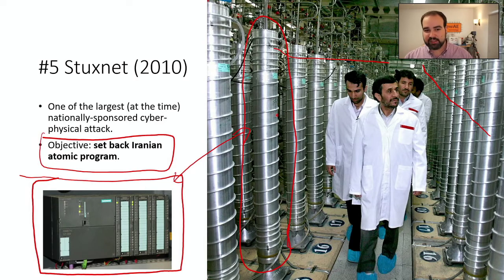It was sponsored by other nations with the objective of harming the national Iranian atomic program. This is a little different than what we talked about in other examples where we had a direct financial incentive. Here the hackers actually have some military incentives for this work.